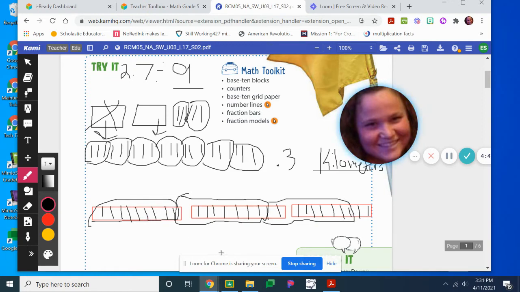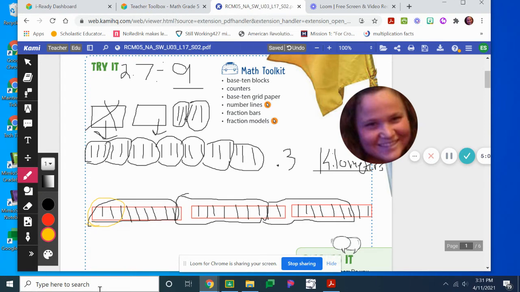If I've got these, it's basically asking me how many groups can I make of this, and if I'm dividing this up into 9, each of my groups would come out to be 3 tenths.